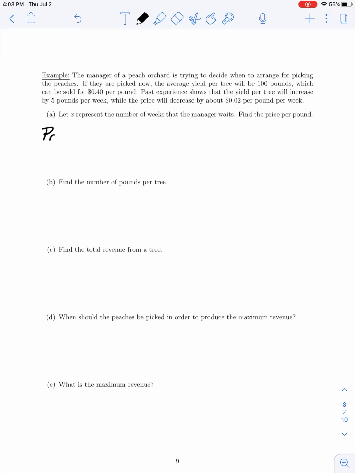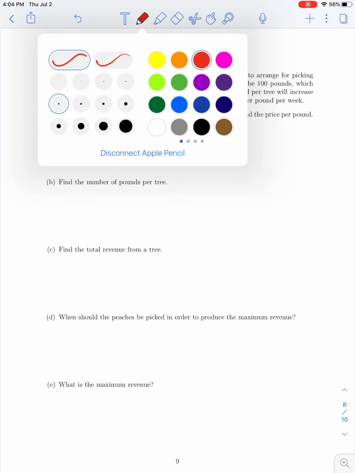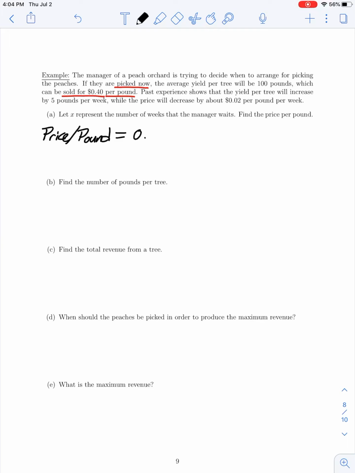So here, our price per pound is currently, if they pick these peaches now, they can be sold for 40 cents per pound. So we would have a current price of $0.4 or 40 cents per pound.